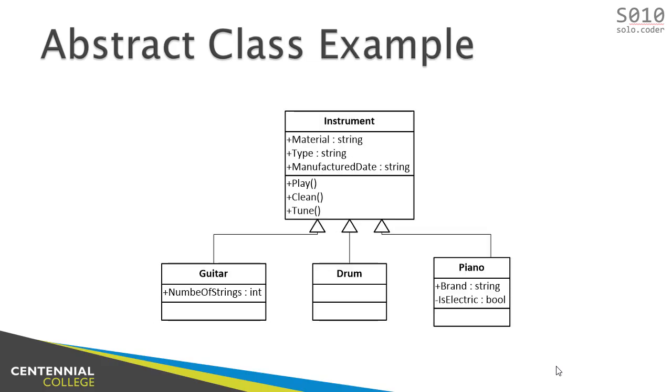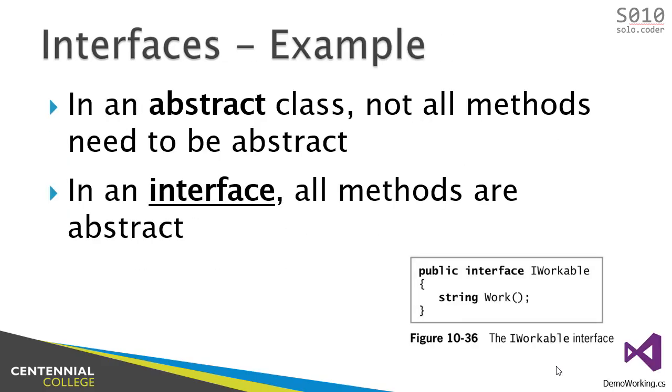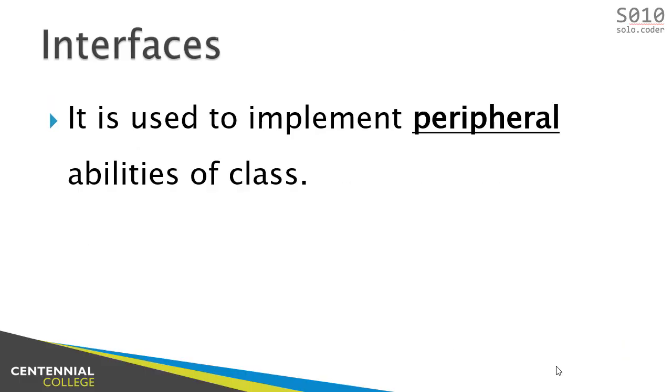But when it comes to an interface, it doesn't make sense to say a cat or a person is IWorkable. When we use an interface, it's almost like we have a class and we want to add more functionality to it.